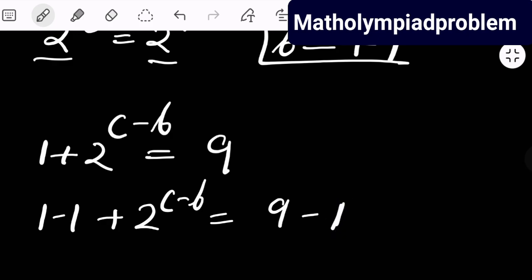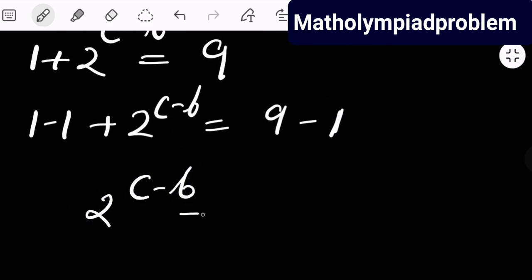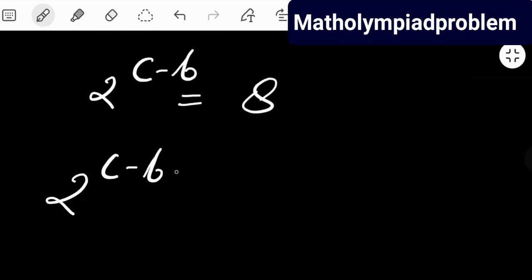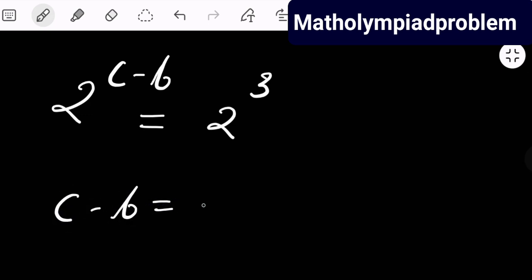So 2 raised to c minus b is 8. 8 can be written as 2 raised to c minus b is equal to 2 cube. Now c minus b is 3, because bases are the same. Compare the powers and both are equal.